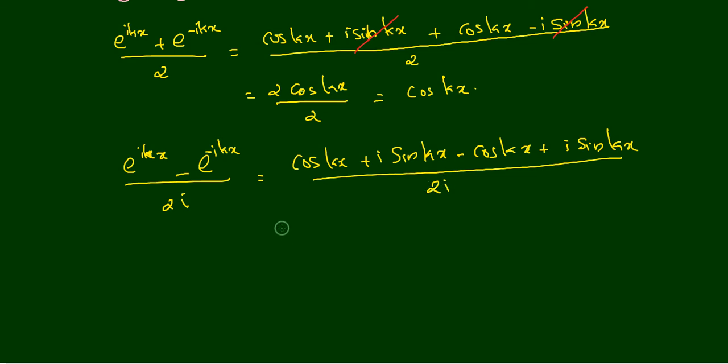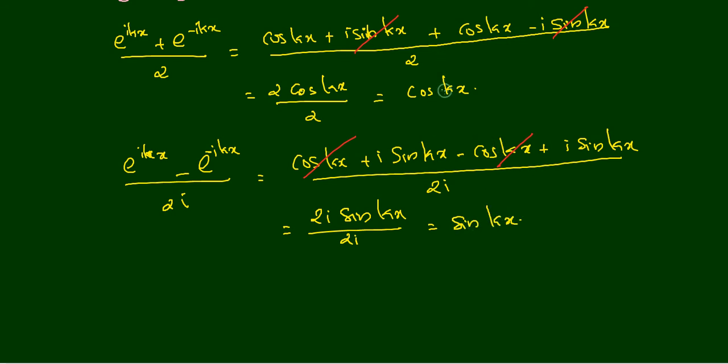Cos kx and minus cos kx will be cancelled, and what is remaining is i sin kx plus i sin kx, that is equal to 2i sin kx. So 2i sin kx divided by 2i is equal to sin kx.